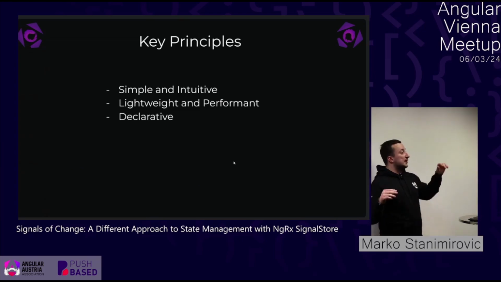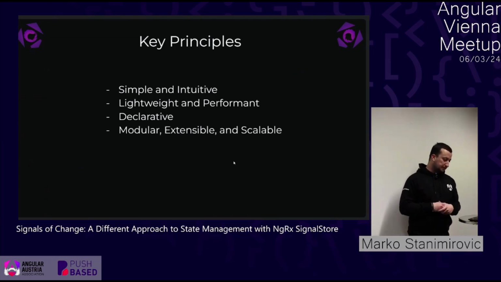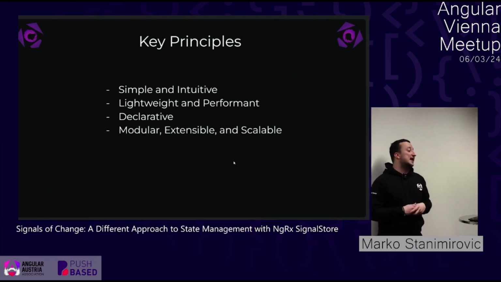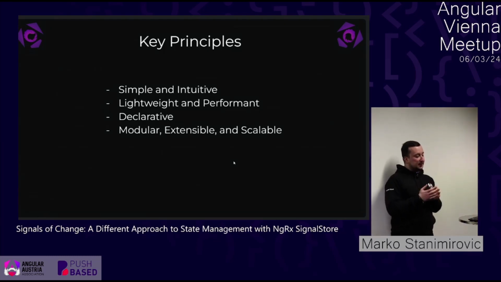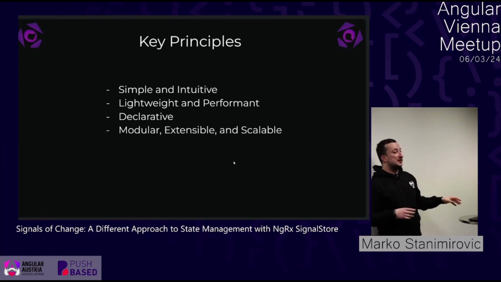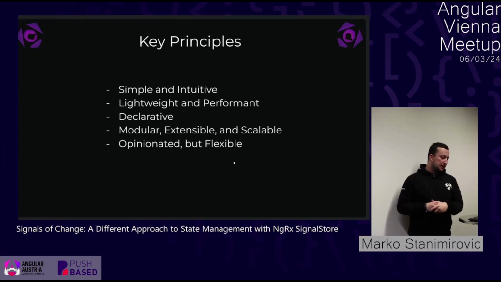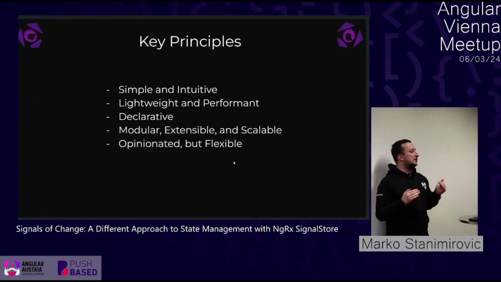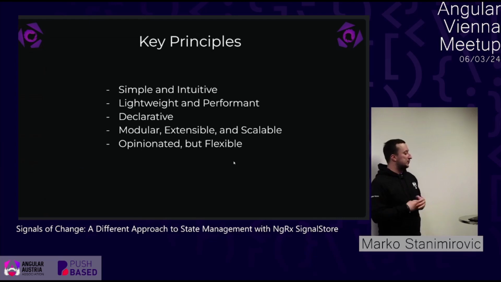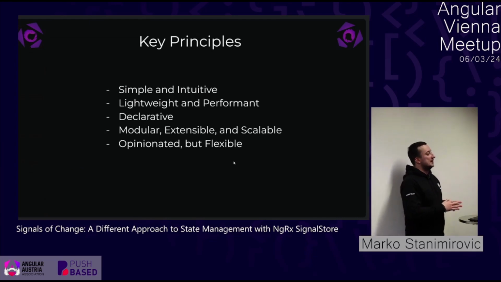By using SignalStore, we can define our state management logic in a declarative manner. SignalStore is also modular, extensible, and scalable. So we are able to define building blocks that can be used independently, but also combined together for extensible and scalable implementations. And we also try to find some kind of sweet spot between opinionated design and flexibility.